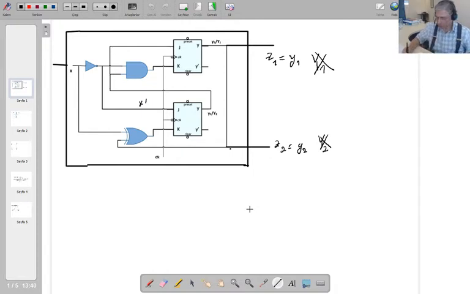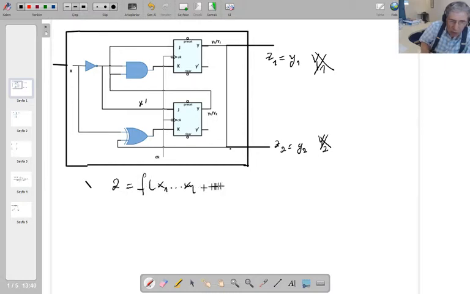Just to remind you what a Moore machine is: the output functions are functions of only the independent variables x1 to xn and small y1 to yr. This is, in general, the output function of a sequential circuit.